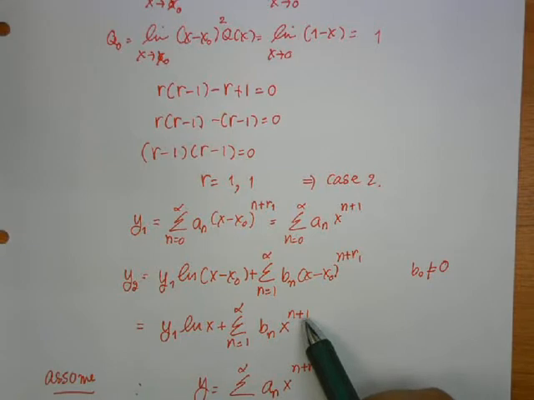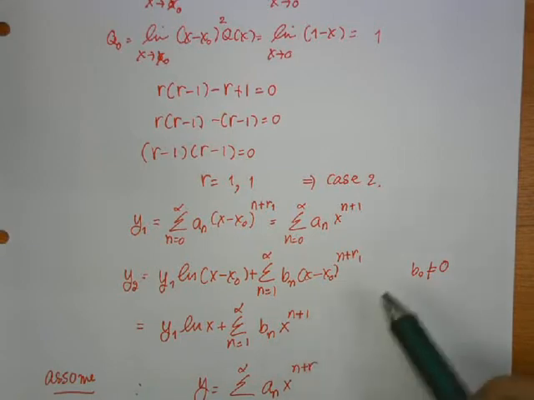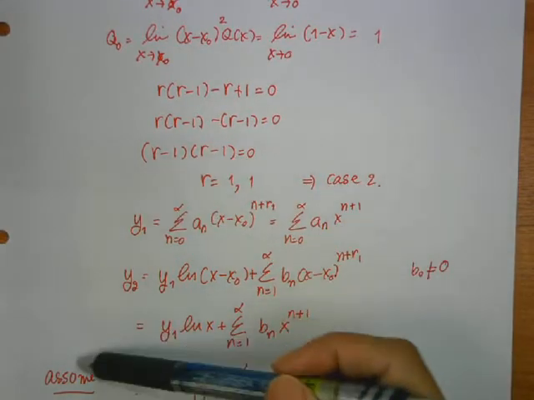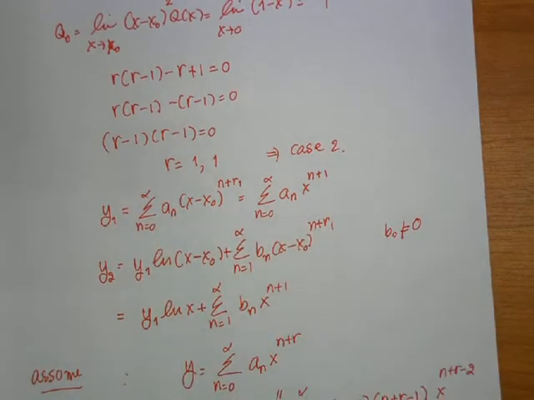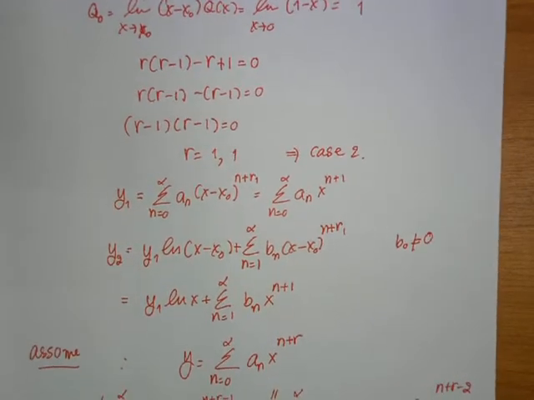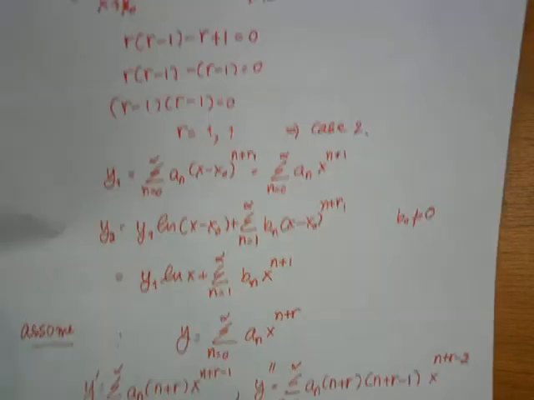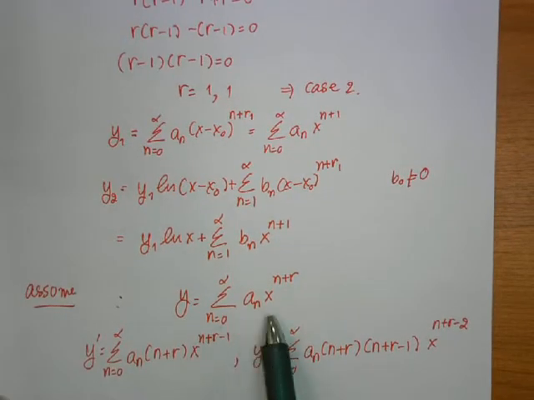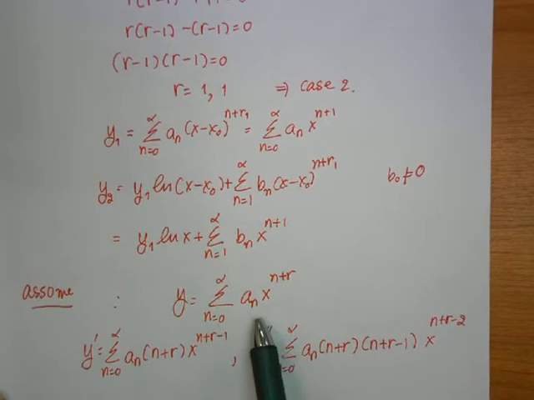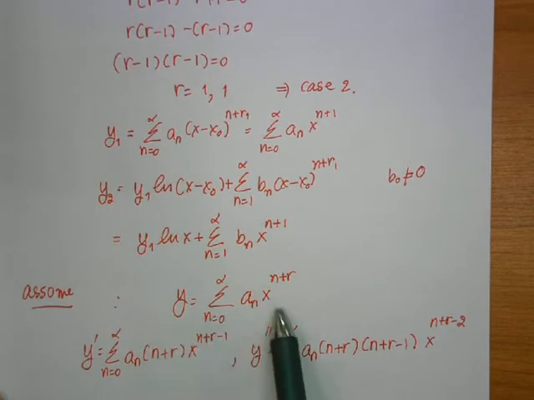Now, because you know that your two solutions would be in this form, we are going to write that in such a way that we can get the recurrence relation. So we assume that y is equal to a_n times x to the power of n plus r.